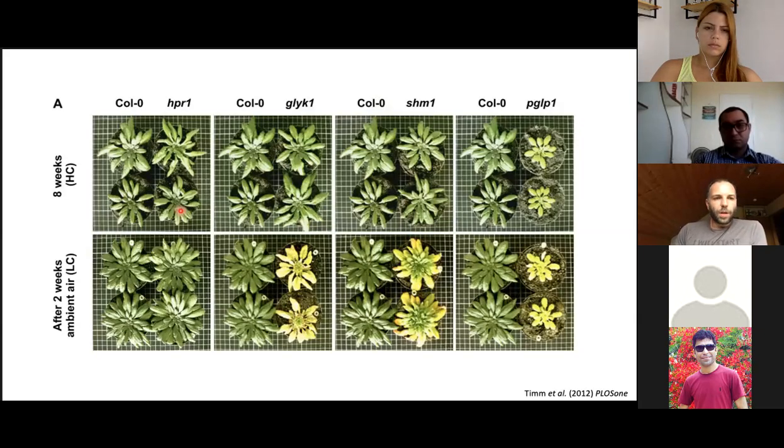And they all have one characteristic property, which is if you knock them out, or if you produce antisense plants to those enzymes, when you grow them in high CO2, like 1 or 2% CO2, they pretty much grow the same as your wild-type plants. But if you shift them to ambient CO2 concentration, so let's say 400 ppm, you can see that many of them, or most of them, have a severe growth phenotype. So they do very badly when there's a lot of oxygen relative to the CO2 concentration in the air.